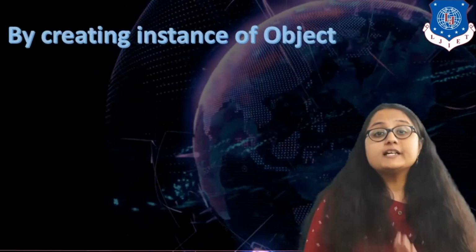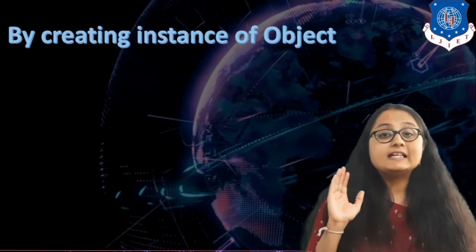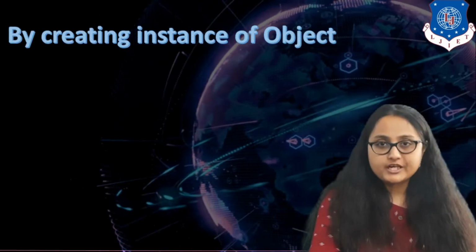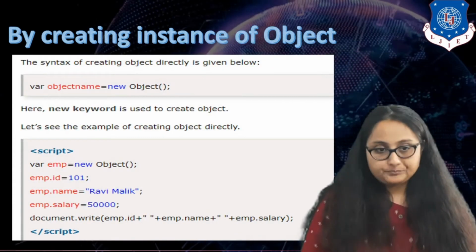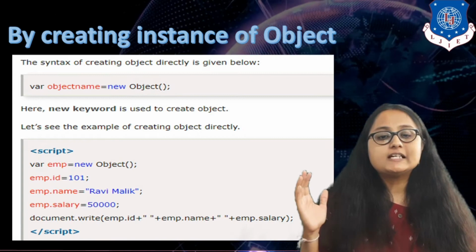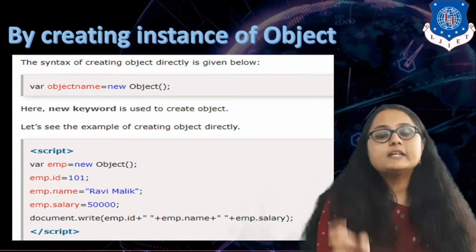The next method for creating a user defined object in JavaScript is by creating an instance of an object. We have an inbuilt method called object. Here you can see that we are creating the object directly using the new keyword.